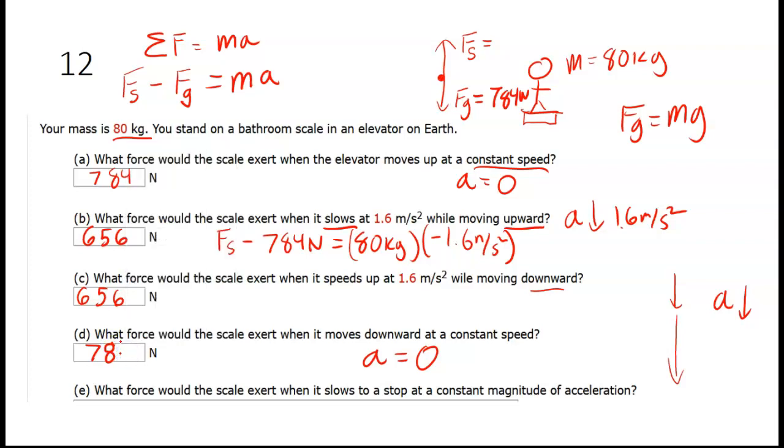So hopefully one thing we can learn from this one is that the direction of our motion is not nearly as connected to net force as the direction of our acceleration.